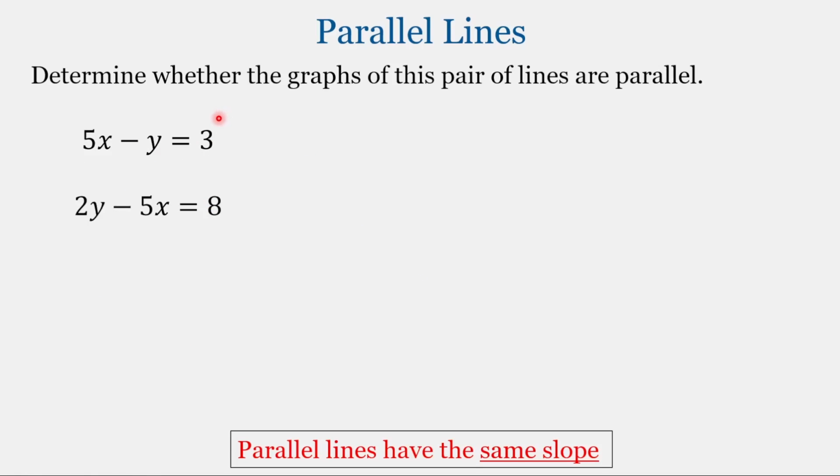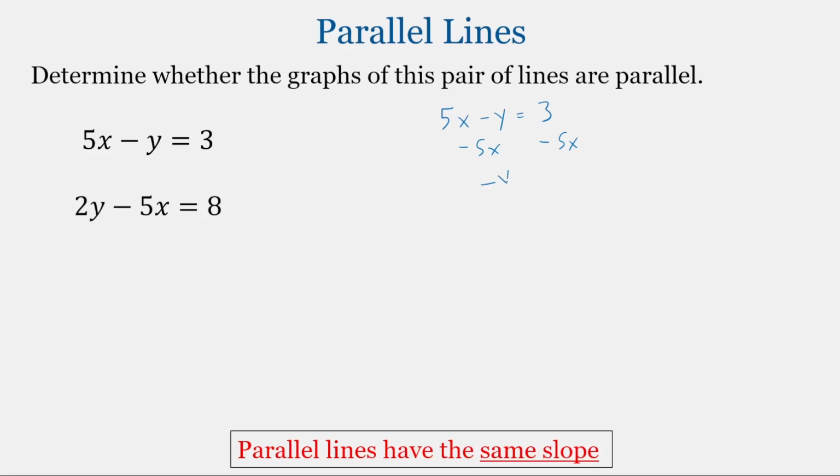Let's try another one. Again, we're going to determine whether the graphs of this pair of lines are parallel. And we're going to start by finding the slopes of these two lines. So for this first equation, we have 5x minus y equal to 3. Subtract 5x from both sides.